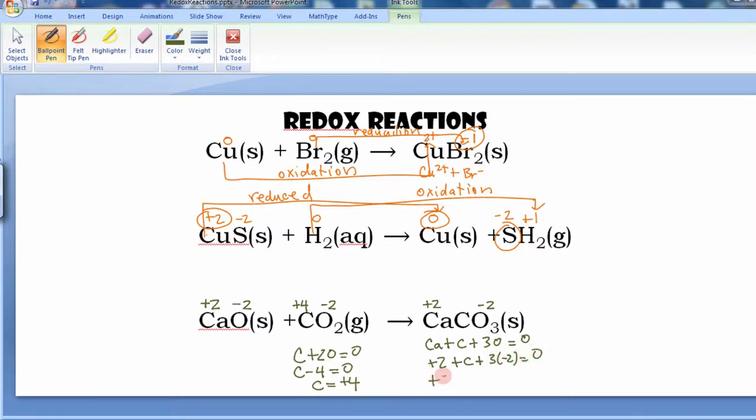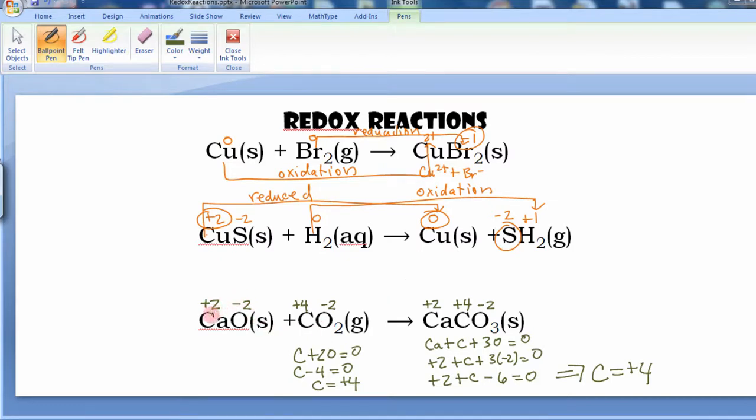So we have +2 plus carbon minus 6 equals 0. So the oxidation state of carbon would be +4. And so we can double check. 3 times -2 is -6. +4 is -2. +2 is 0. So the overall charge is 0, and it adds up to our oxidation states for each atom.